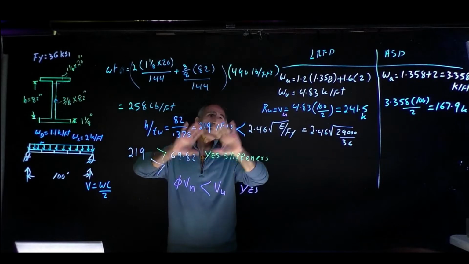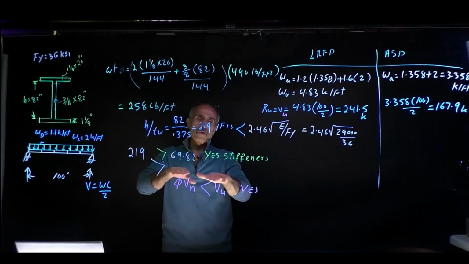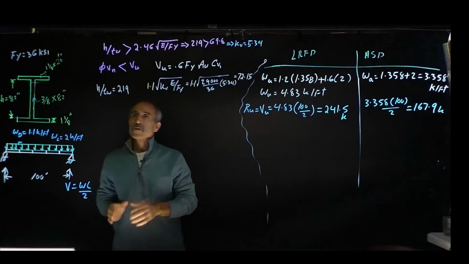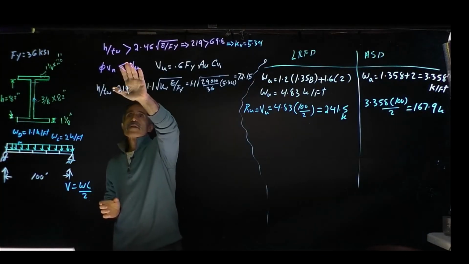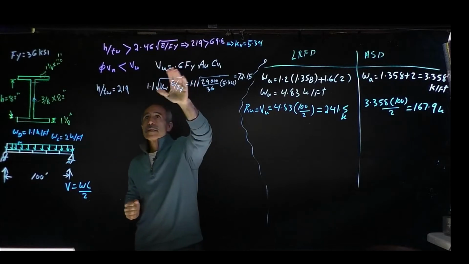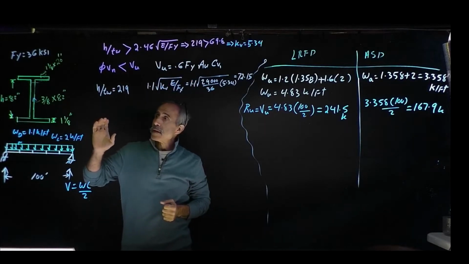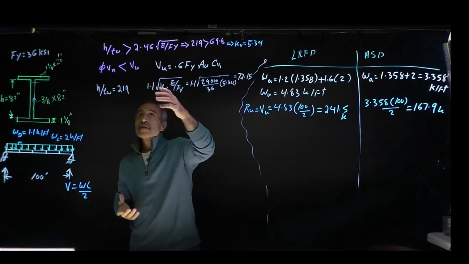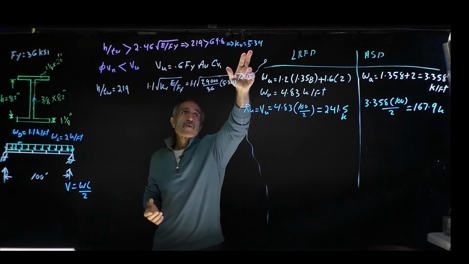I'm going to go ahead and erase the board so we can see if we're going to meet the second criterion. So far, we found that h over tw came out more than the limit, and based on that, we require stiffeners. And because of that, kv comes out to 5.34.